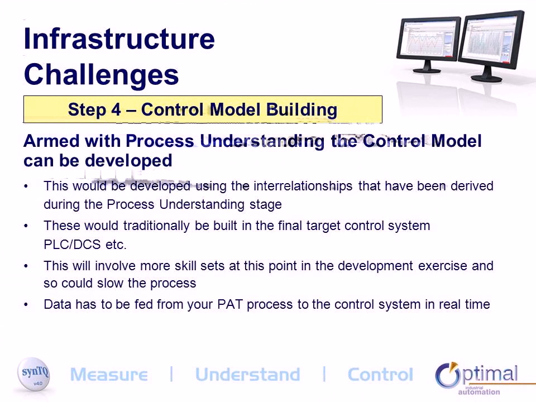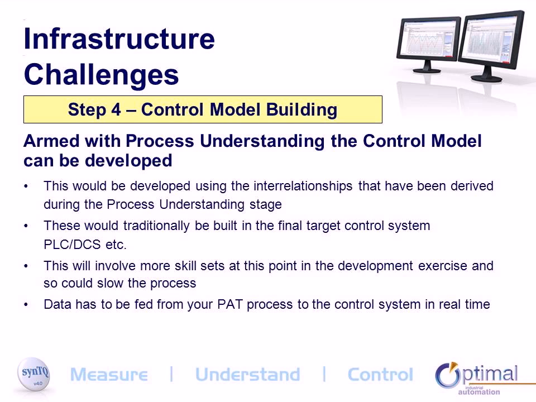Armed with process understanding, you now have to build the control models. The control models would be built using the interrelationships that have been derived during the process understanding stage. These would be traditionally built perhaps in your PLC or in your DCS system, which is perfectly acceptable within synTQ.